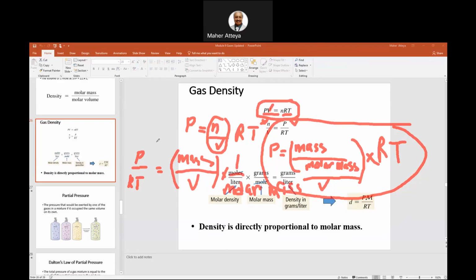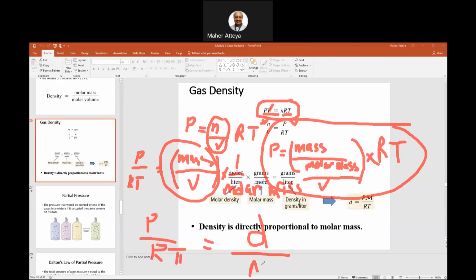So mass over the volume, what is mass over the volume? This is the density, correct? So P divided by RT equals density over molar mass. You can see how we transferred everything here.